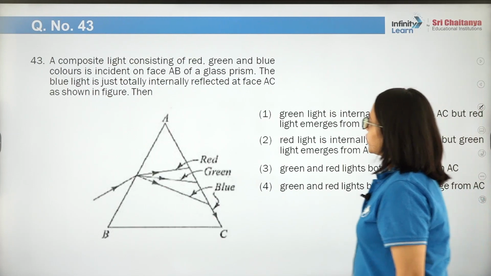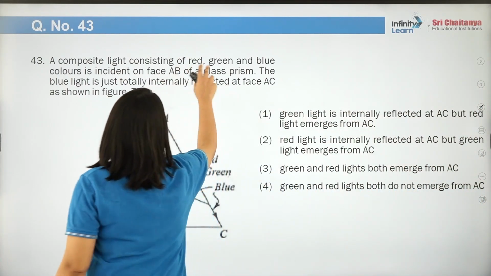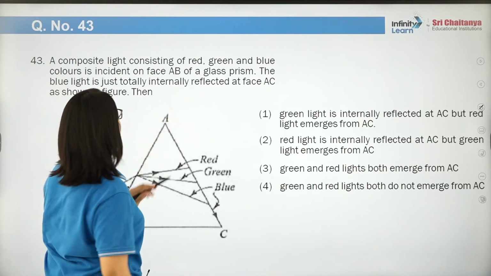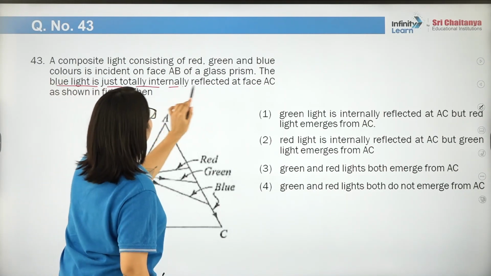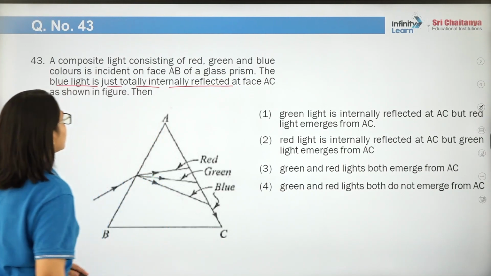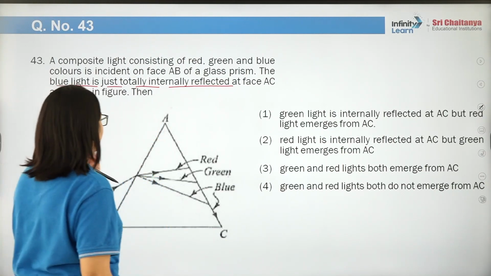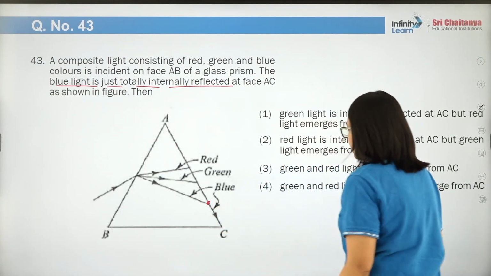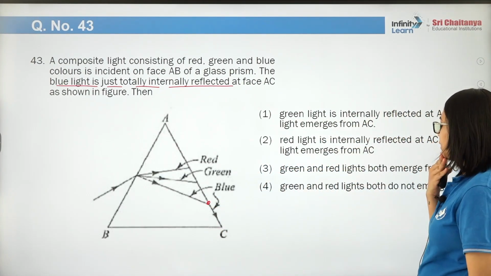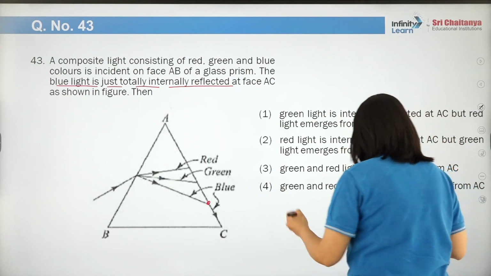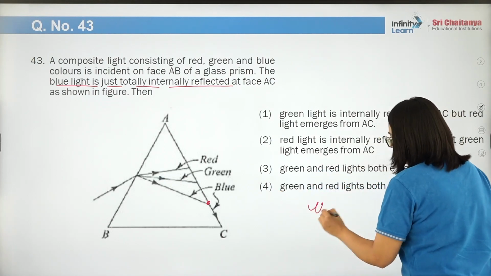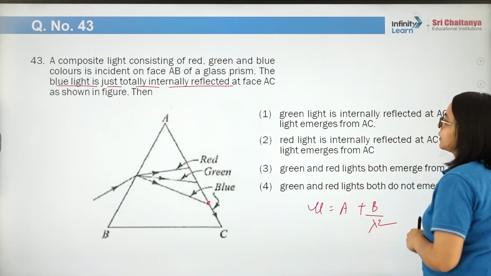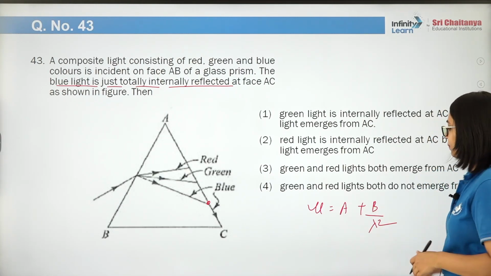Next is question number 43. A composite light consisting of red, green and blue colors is incident on face AB of a glass prism. The blue light is just totally internally reflected at face AC as shown in the figure. So blue light is performing TIR, and before that we have red and green light also. So we know that mu is equal to A plus B upon lambda square. Lambda is maximum for red, so mu will be minimum for red.